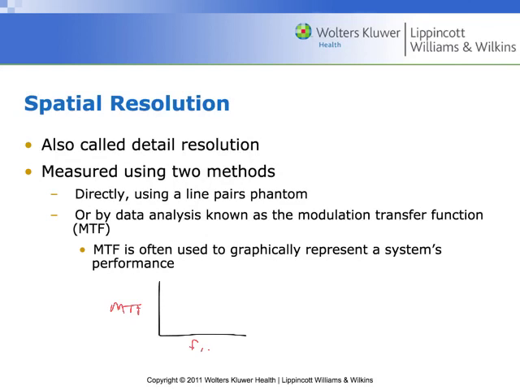So this is how small the little things are that we're trying to get. As the frequency increases, the size is decreasing, so what we'll see is a graph that looks something like that. We want to see these curves go further and further out as possible, and that's going to mean that scanner is that much more capable of delivering quality spatial resolution.